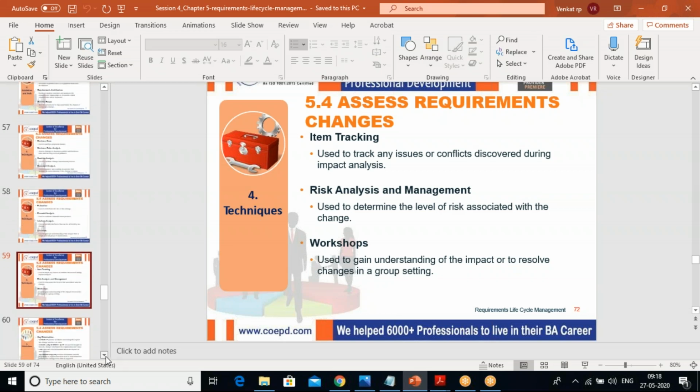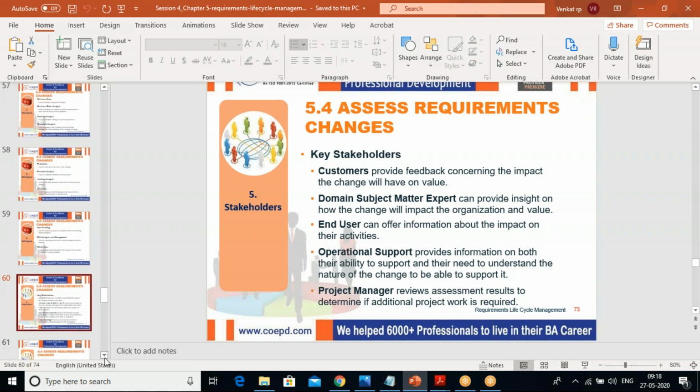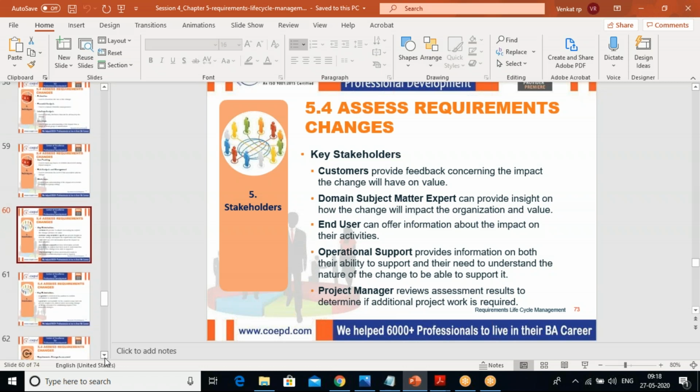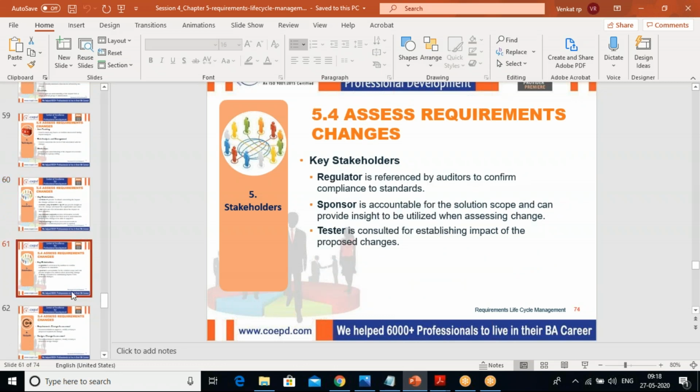The stakeholders involved are the customers, subject matter experts, domain users, operational support, project manager, regulator, and sponsor.